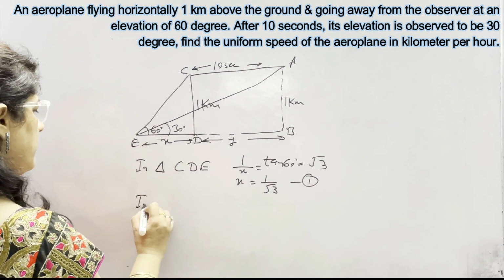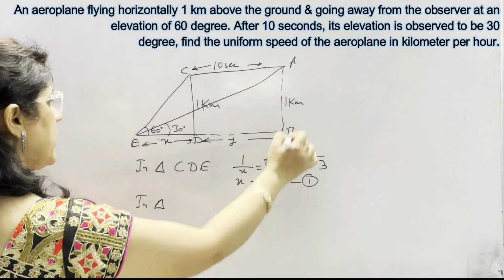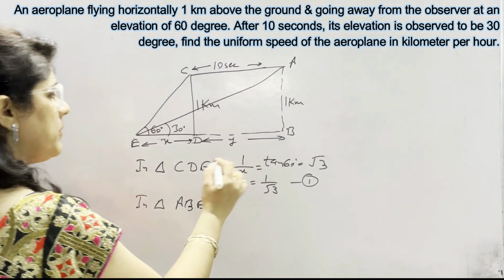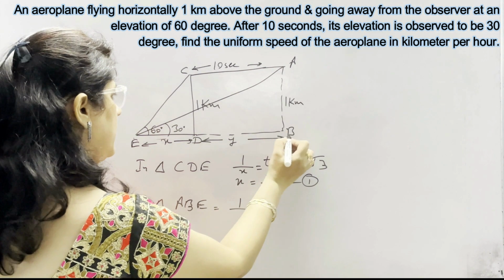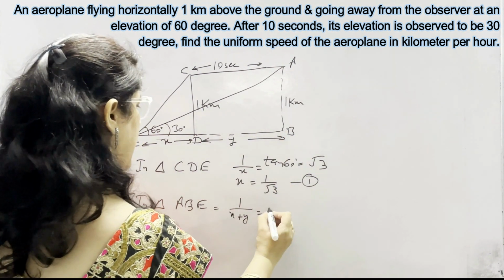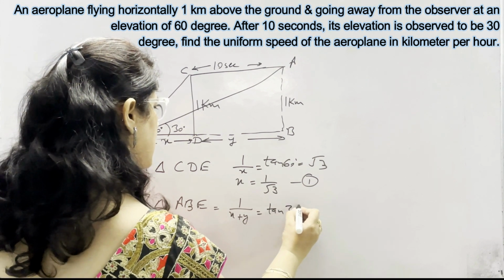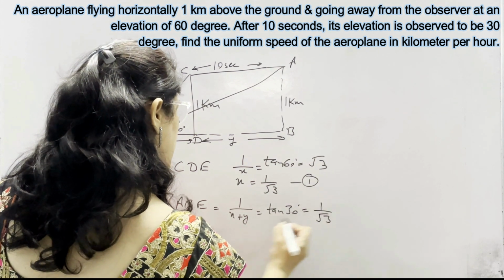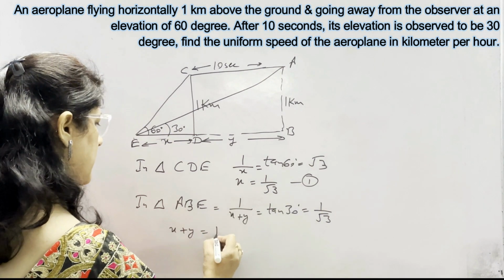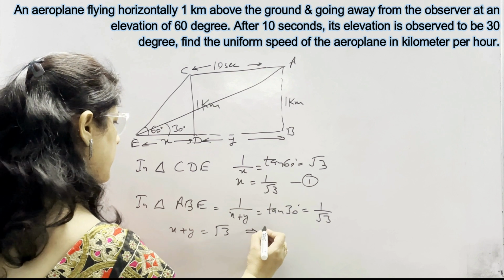Now in the bigger triangle ABE, the perpendicular is 1 and the base is the whole X plus Y, and the angle is 30 degrees, tan 30 degrees, which means 1 upon under root 3. So X plus Y, cross multiplying, is equal to under root 3.